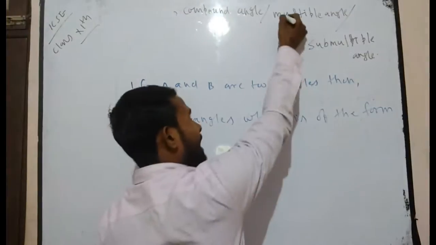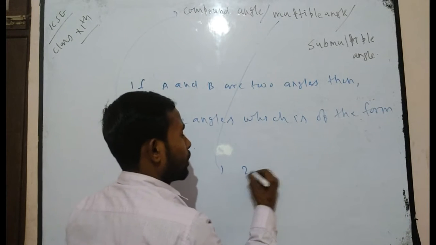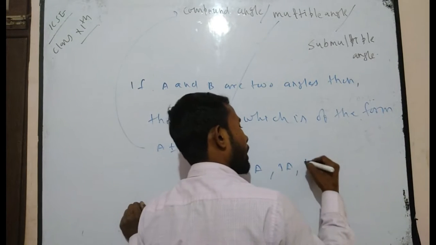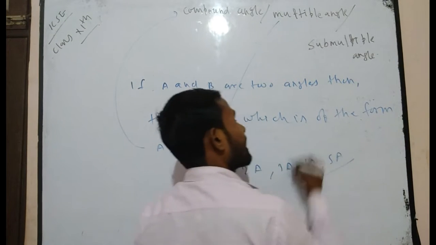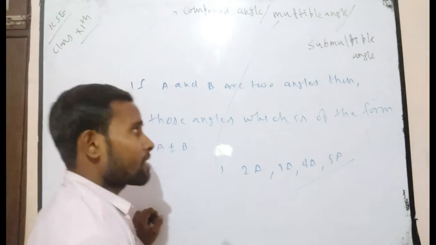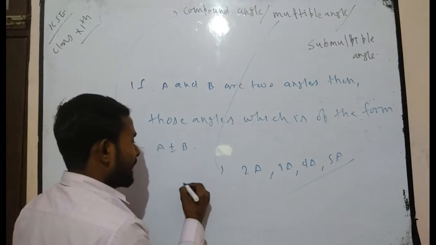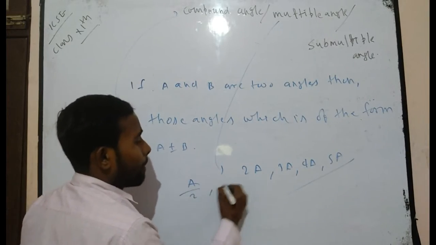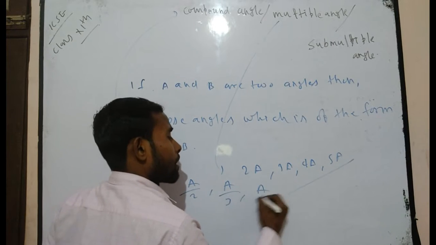While multiple angle means that if you get 2A, 3A, 4A, 5A, then this angle is known as multiple angle. Similarly, in case of some multiple angle, that means if you divide by 2 or by 3, then it gives some multiple angle.